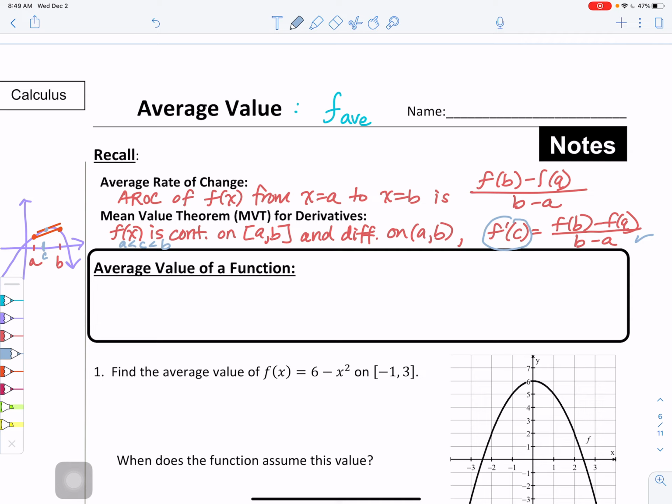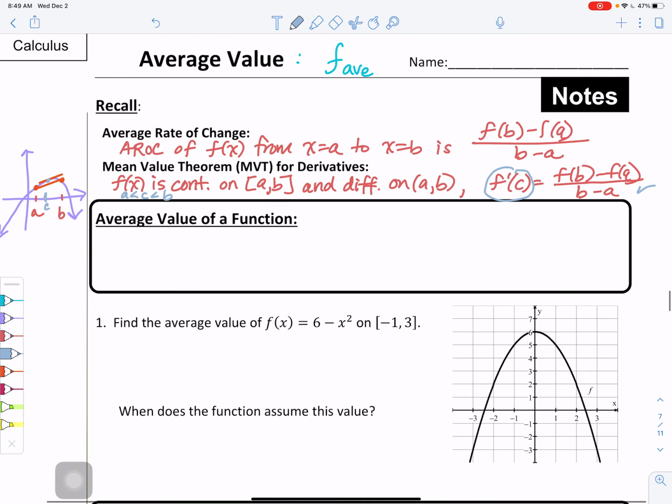But now that leads us into the average value of a function. So this is what it is.